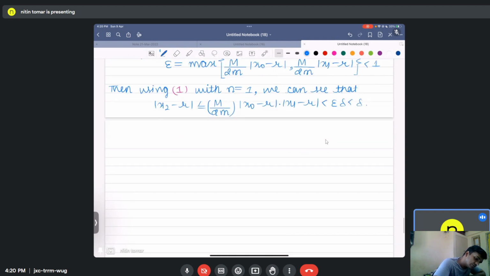Therefore we can say that x2 belongs to (r minus delta, r plus delta).